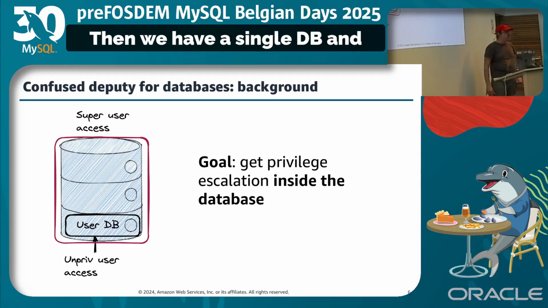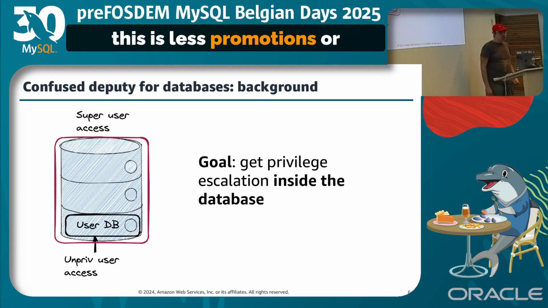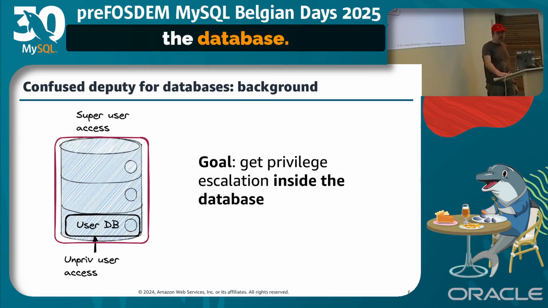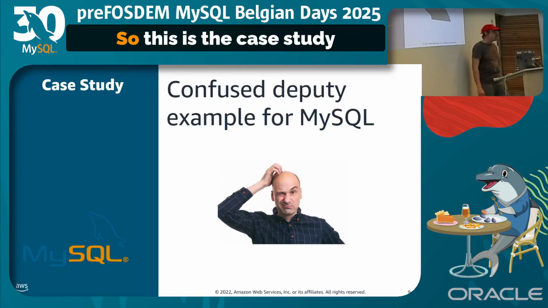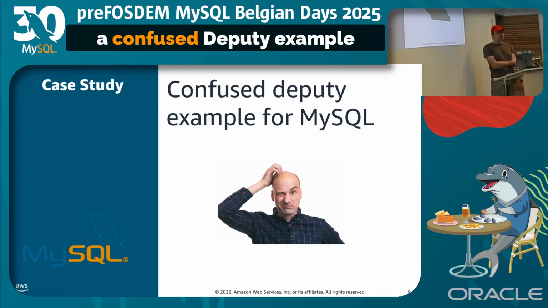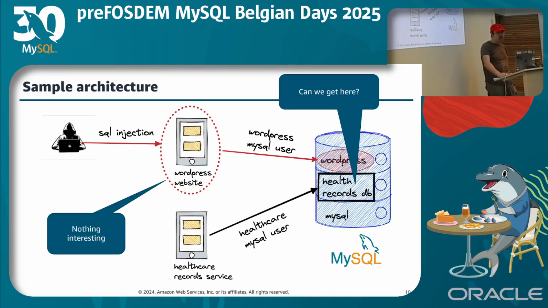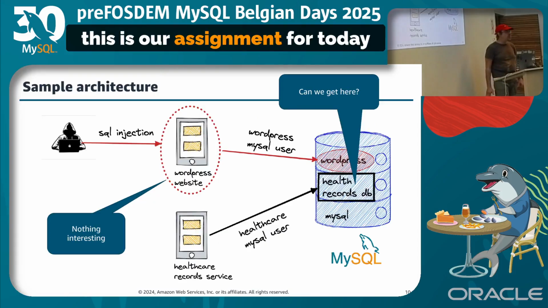Then we have a single DB, and this is a less privileged, unprivileged user that has access to that database. So our goal is to get privilege escalation inside the database. This is the case study, a confused deputy example for MySQL. This is our assignment for today.